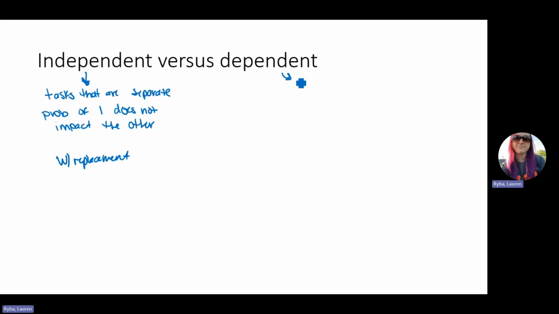All right, dependent is going to be when the probability of one event is impacted by another. And there is a quick test that we can perform.